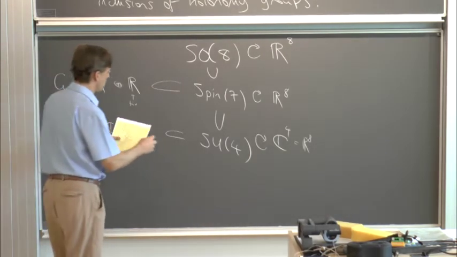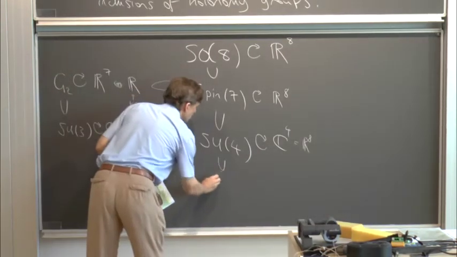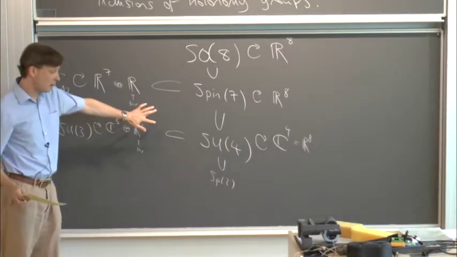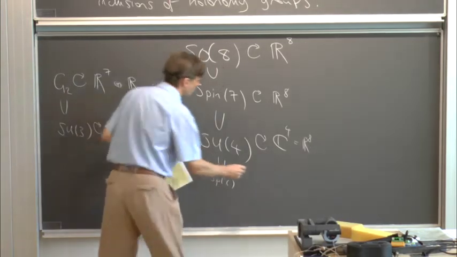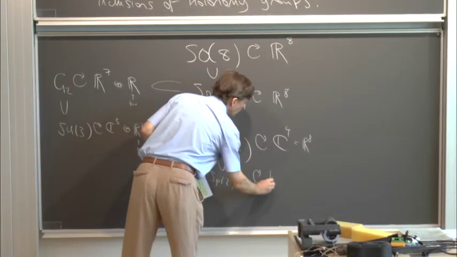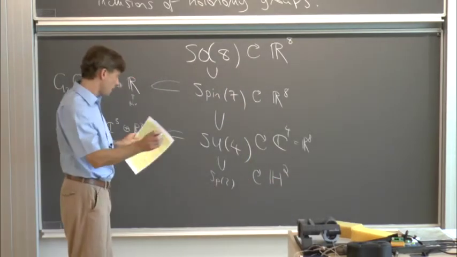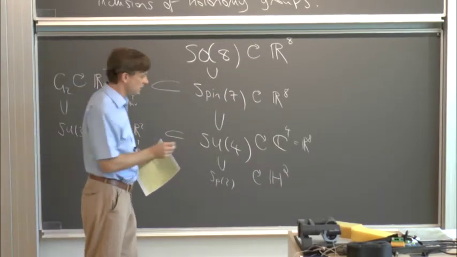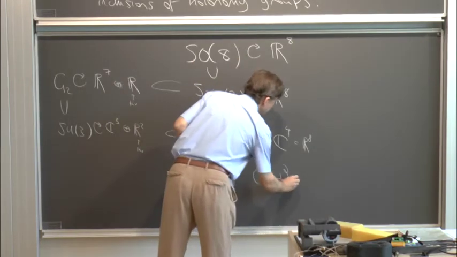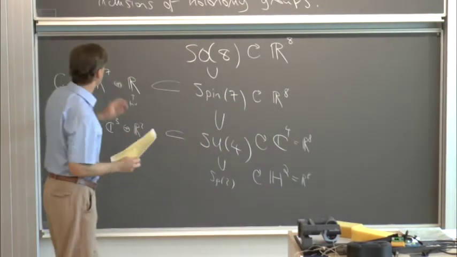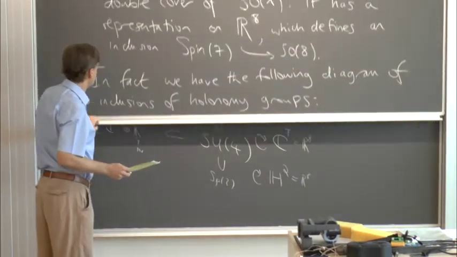And go down another level, Sp(2) is a subgroup of SU(4). We can think of that as acting on H^2, the quaternionic vector space H^2, which is also identified with R^8, or if you like with C^4.